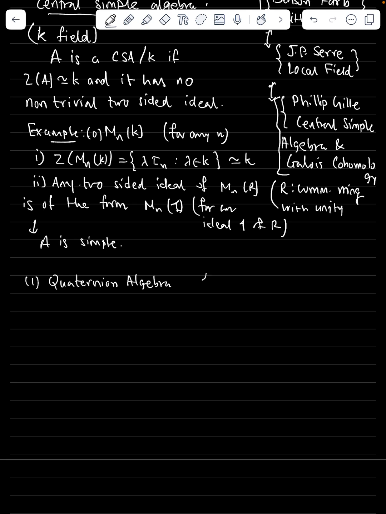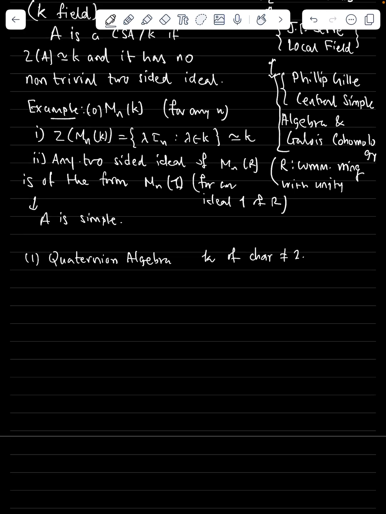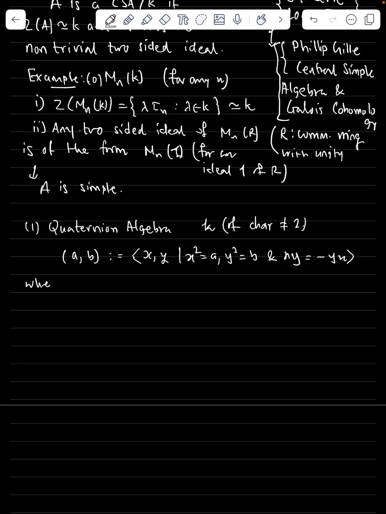You start with a field K of characteristic other than 2, we'll see why, and it's denoted by (a, b), generated by two elements x and y, so that x squared is a, y squared is b, and xy is minus yx. Here a and b are just two non-zero elements of K.